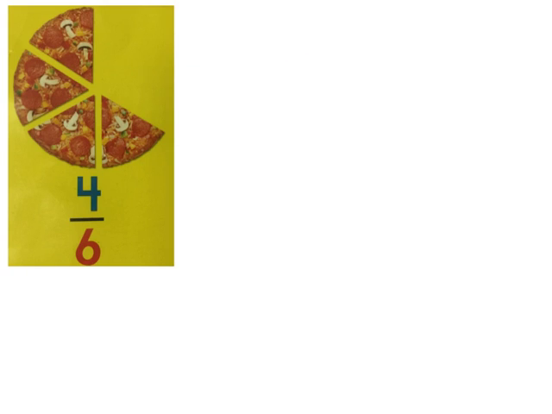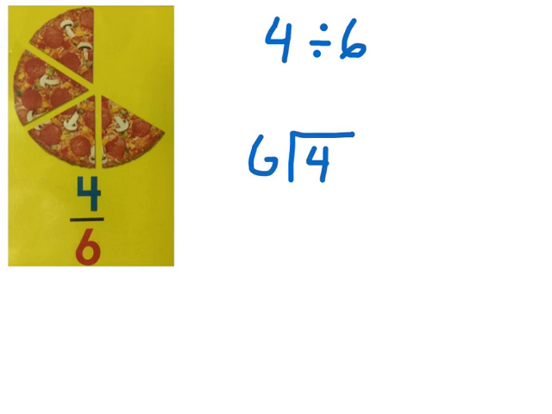So let's look at another example. 4/6. On your calculator, you could simply punch in 4 divided by 6, or if you want to do it on paper, the old-fashioned way, 4 divided by 6 would look like this. So I know I can't fit any 6's into a 4, so that's going to be a 0.